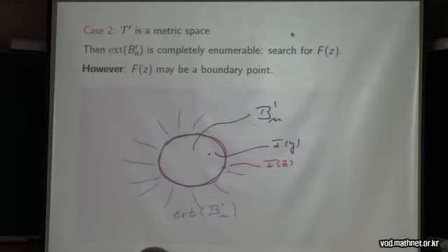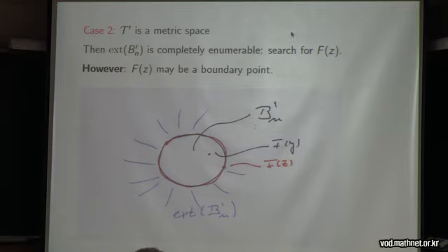Now let's look at the metric case. In the metric case, we have these balls, and the interior of the ball itself is completely enumerable. So we can search within this ball, but we can also search in the exterior. The problem is the boundary.